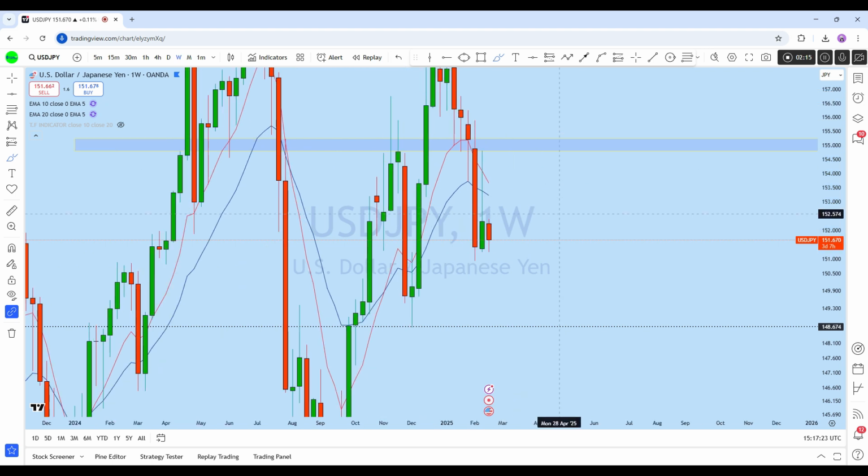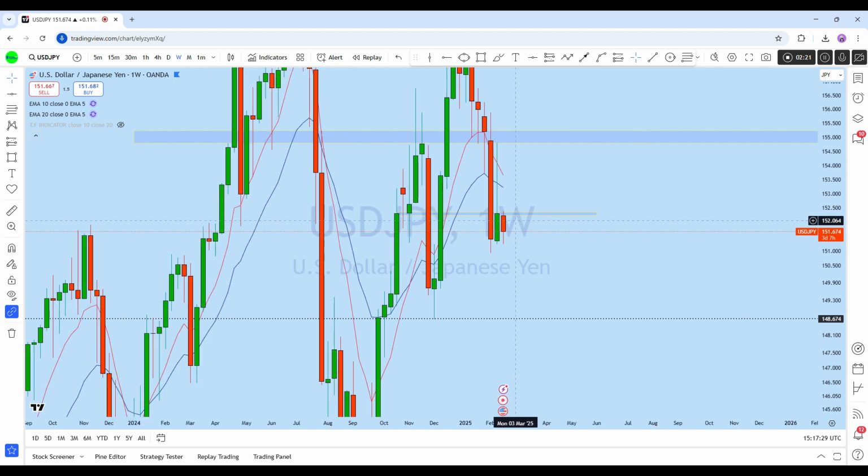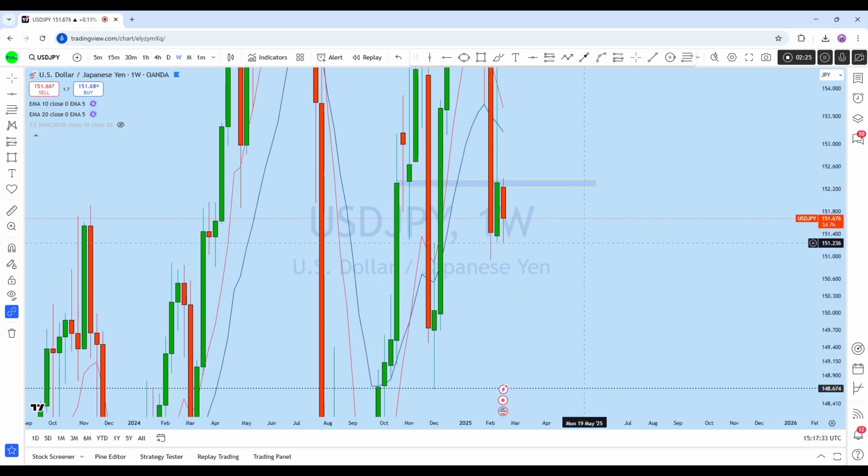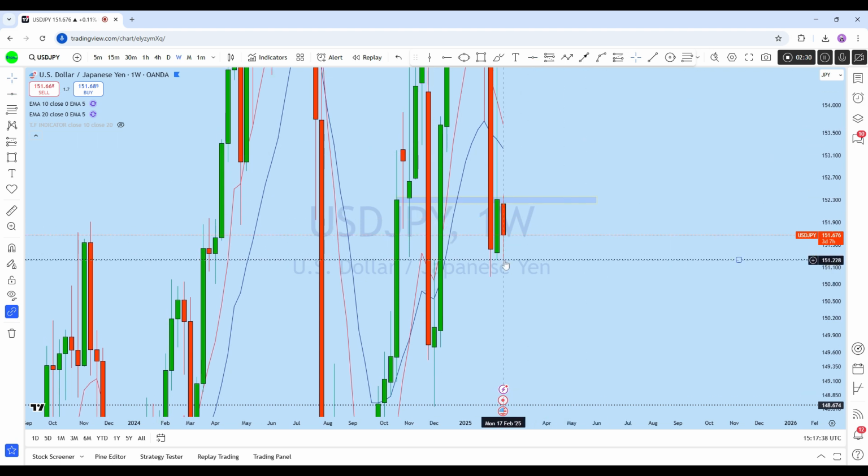And this week, upon the gap open, the bulls couldn't make any new higher high. Instead, the market managed to drop to the previous weekly low, exactly to this support level. And from this zone we see that now there is a pullback.